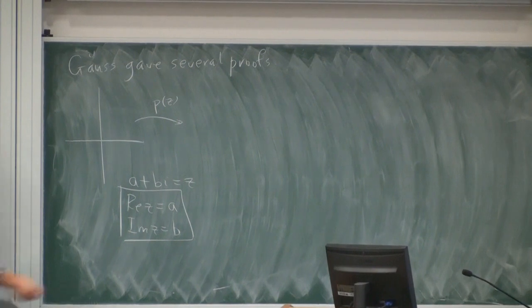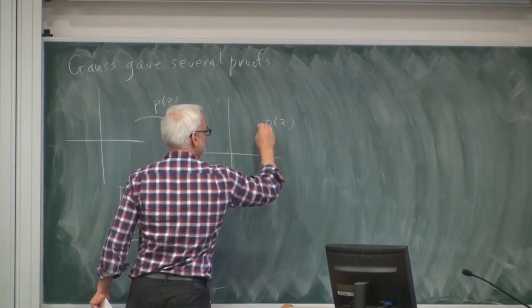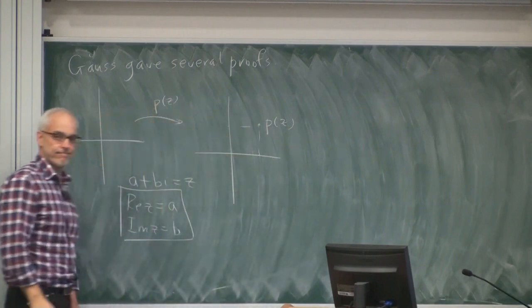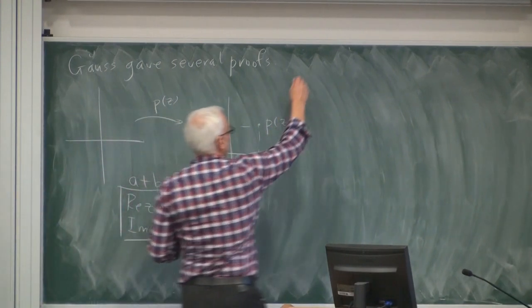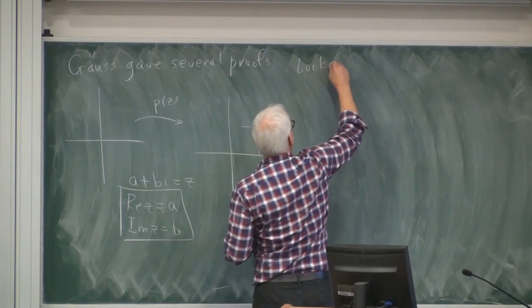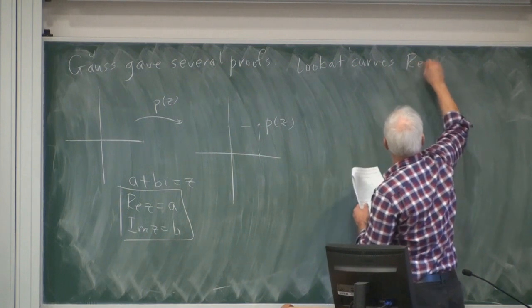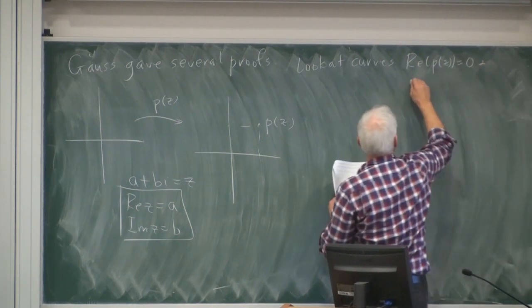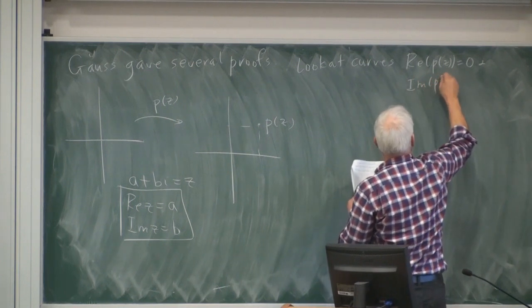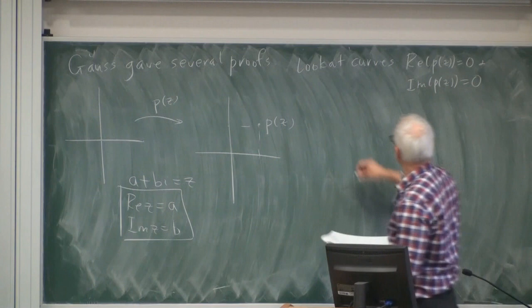So Gauss says, all right, let's look at the x and y components of P of z. So he says, let's look at these curves: the real part of P of z equals 0, and the imaginary part of P of z equals 0. These are curves in the plane.